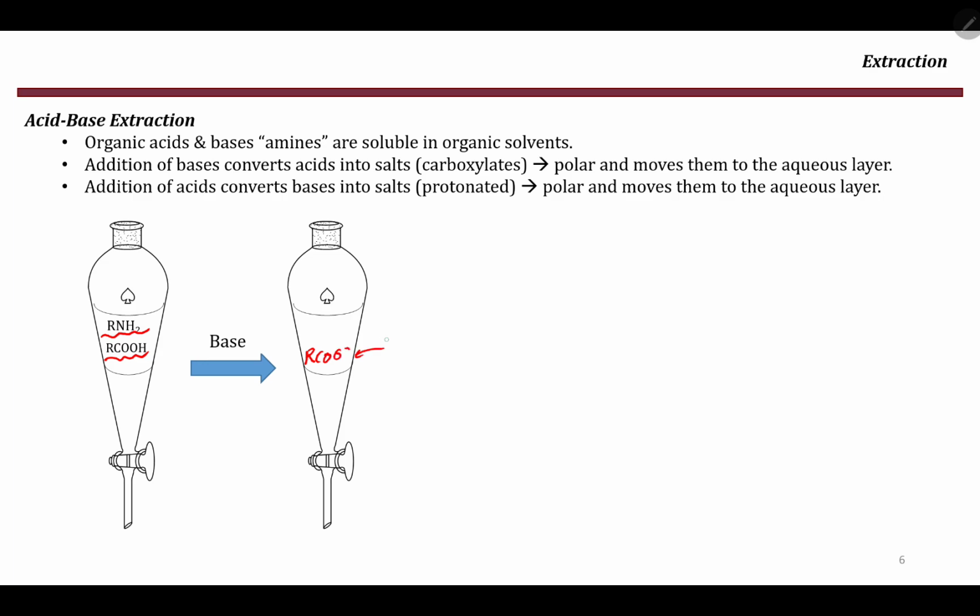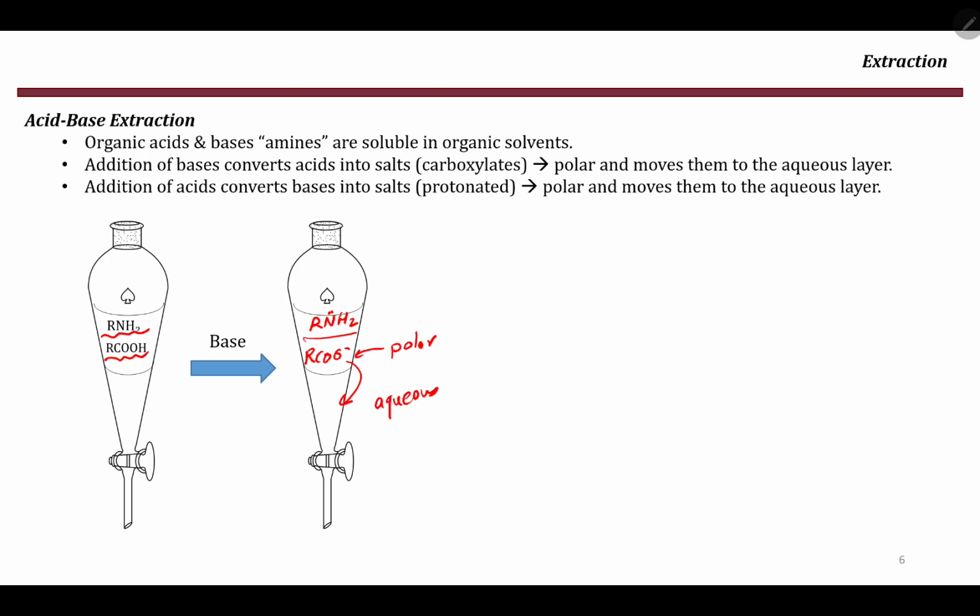Now, this compound is highly polar. And because it's highly polar, it moves to the aqueous layer. The amine will not react with the base because it is a base itself, so it will stay in the organic layer, and this is how we can separate them.